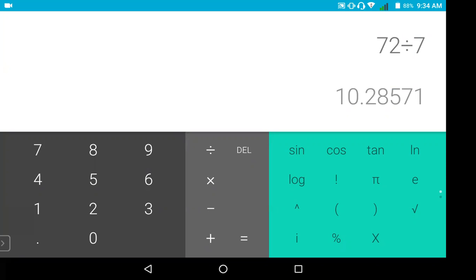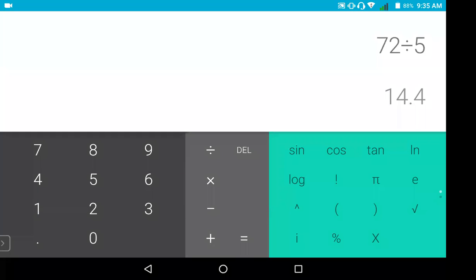Don't consider the numbers with points. So 72 is not divisible by 7. That option is out. Then 6. If you divide it by 6, you get 12, which means 12 6s are 72. So this is one more factor, 12 and 6. Then if you come to 5, you get a point.